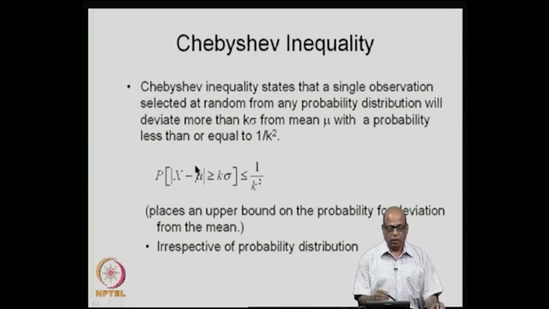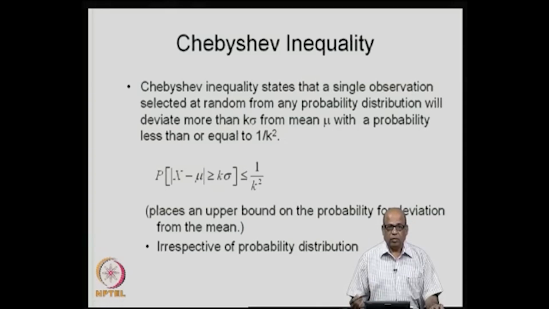It can be either x minus mu positive or x minus mu negative. On either side, what is the probability that it will deviate more than k sigma? Now, the Chebyshev inequality places an upper bound on this probability, and that is 1 by k square.